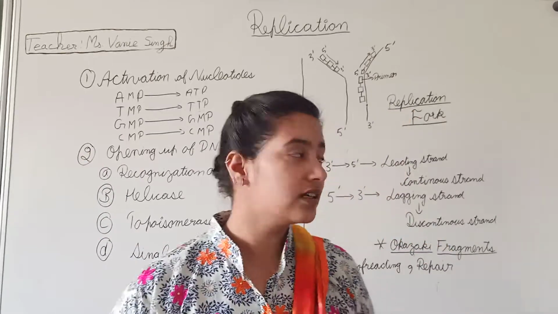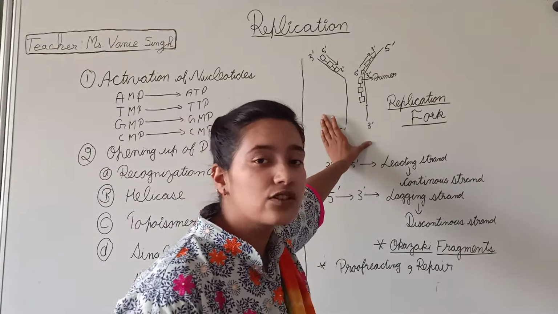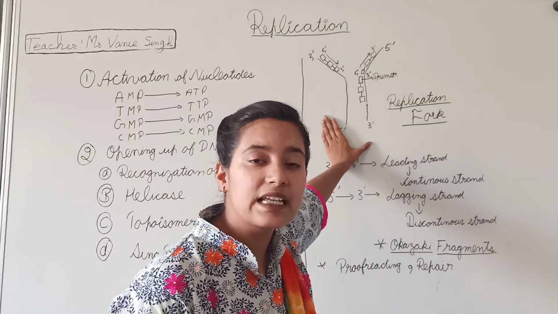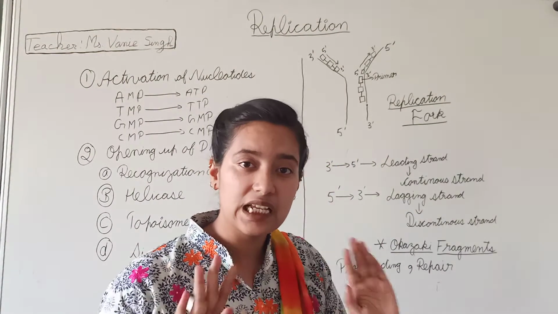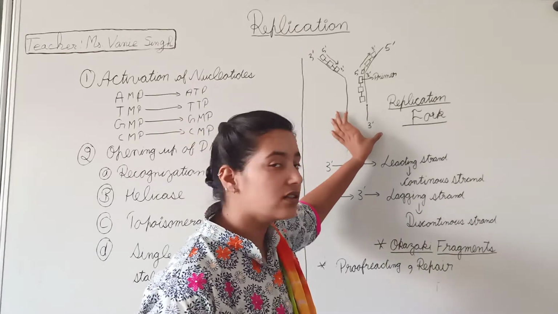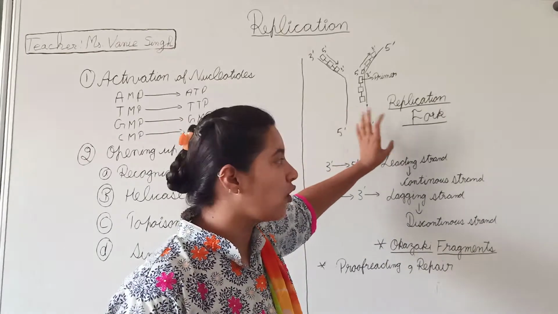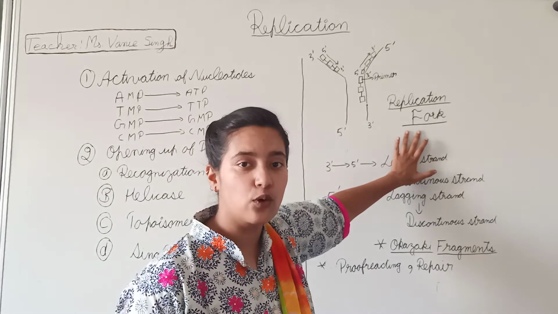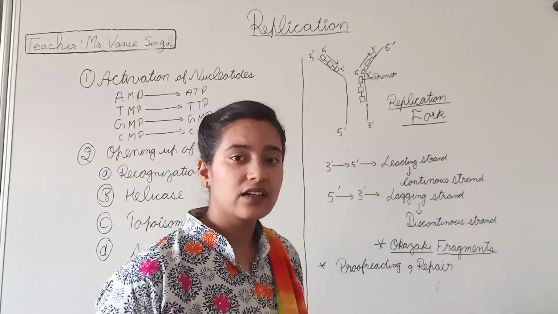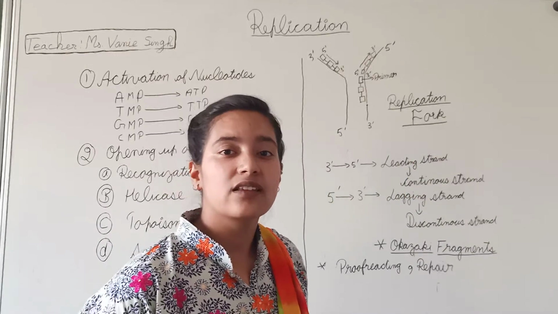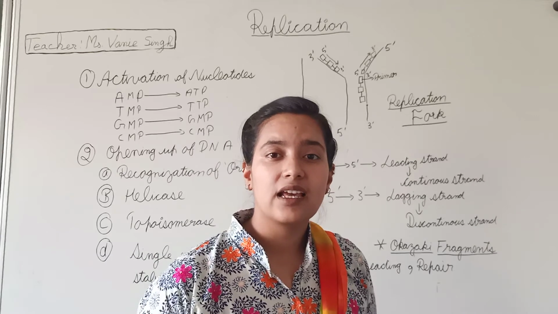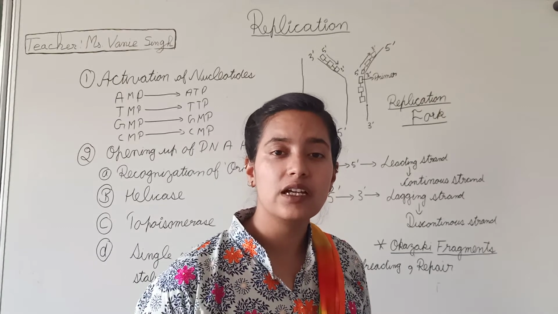Next, this is the structure of the DNA when the DNA strand has been released. This structure is called the replication fork. One more thing I want to tell you is that the newly synthesized strand goes from the 5' end to the 3' end.